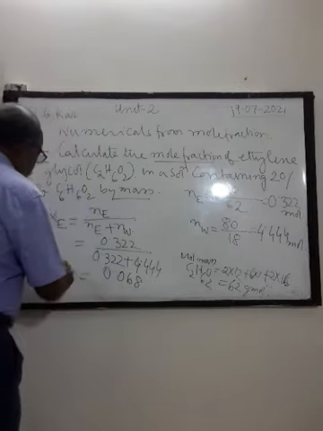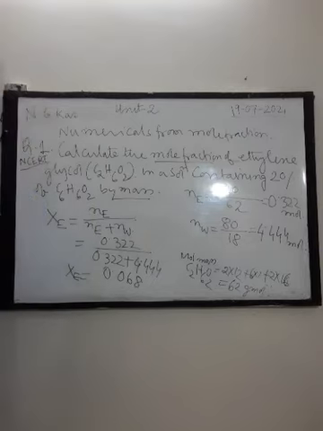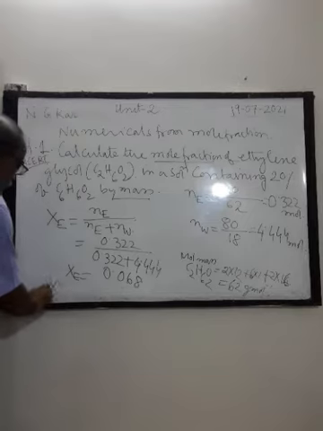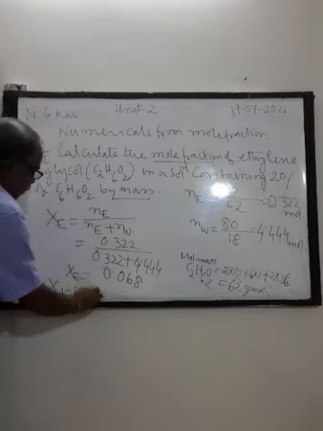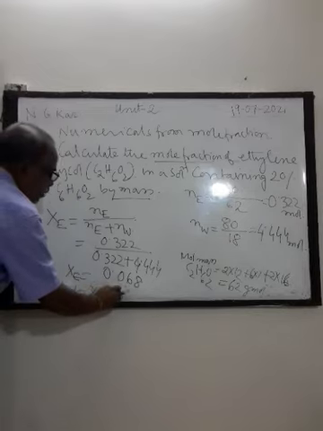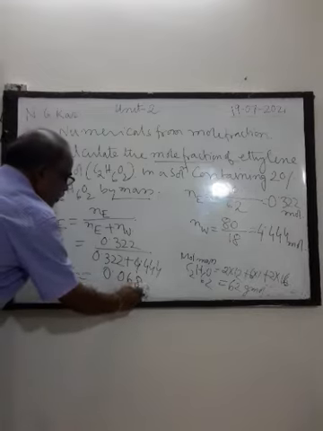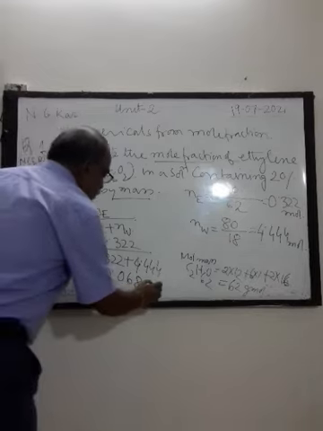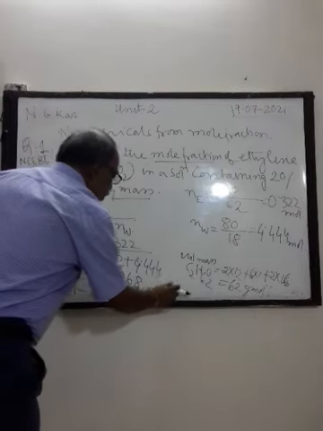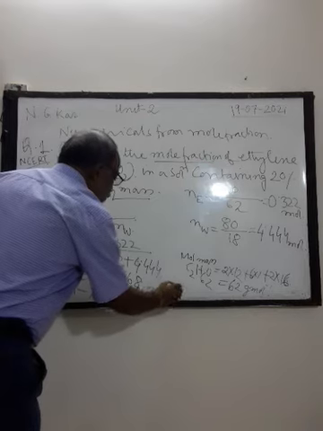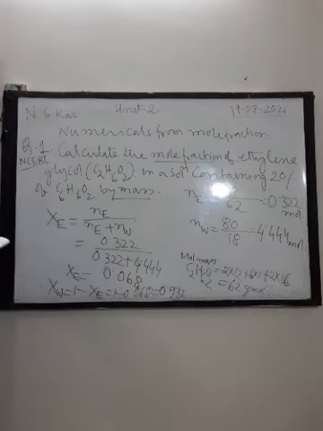So this is the mole fraction of ethylene glycol. And we know that the sum of the two equals 1. So what is the mole fraction of water? 1 minus the mole fraction of ethylene glycol. So 1 minus 0.068 equals 0.932.